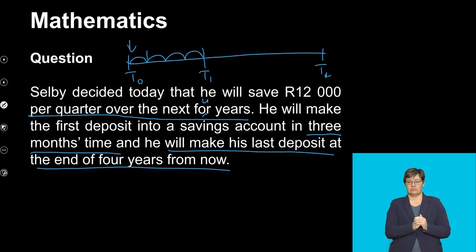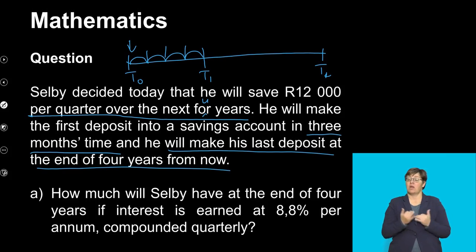The first deposit is after 3 months, then the second deposit, the third deposit. You're not skipping any deposit. It just tells you that Selby will make payments on a quarterly basis for a period of 4 years.